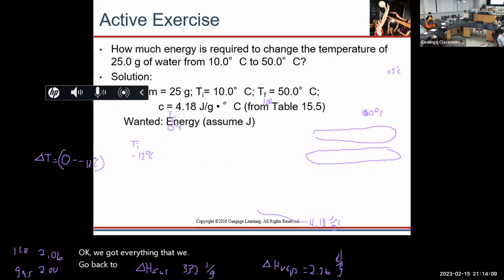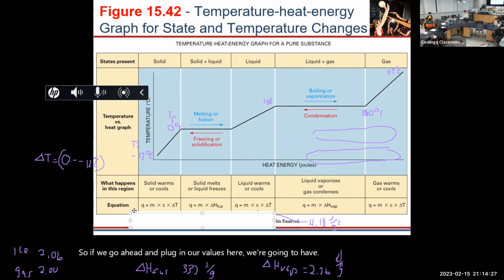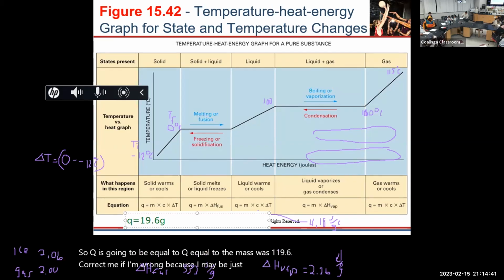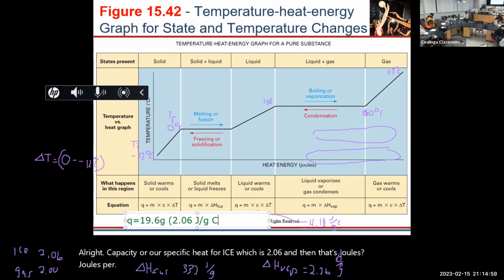Back to this. So if we go ahead and plug in our values here, Q is going to be equal to the mass, which was 19.6 grams, correct me if I'm wrong, times our specific heat for ice, which is 2.06 joules per gram degree Celsius.